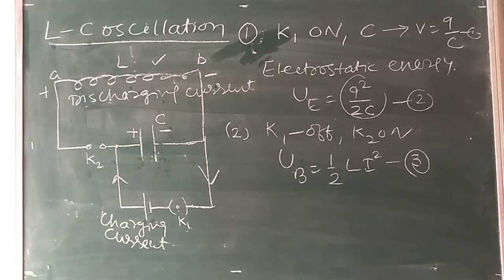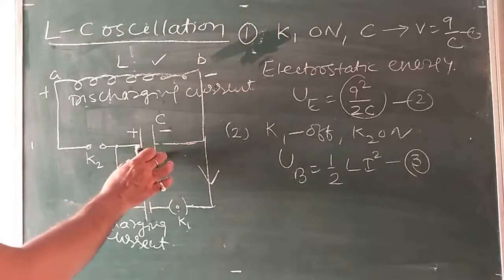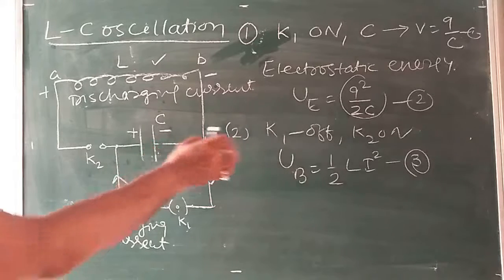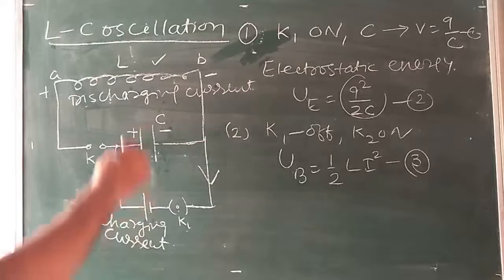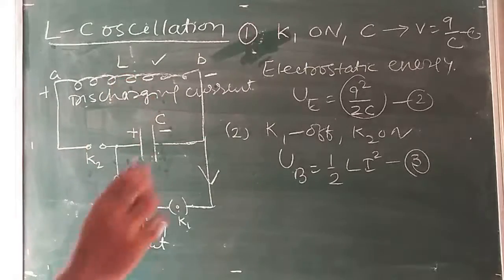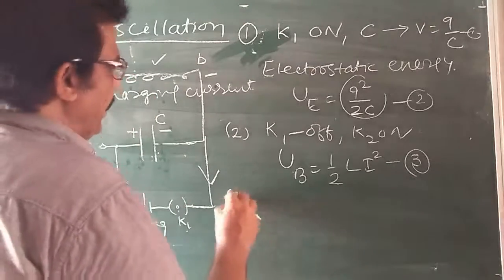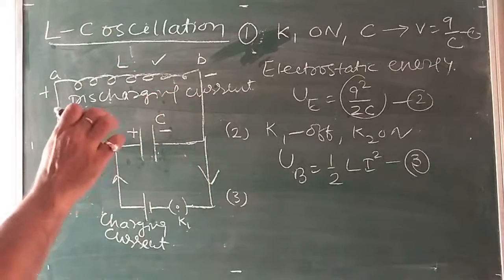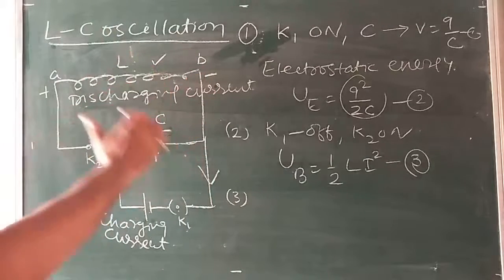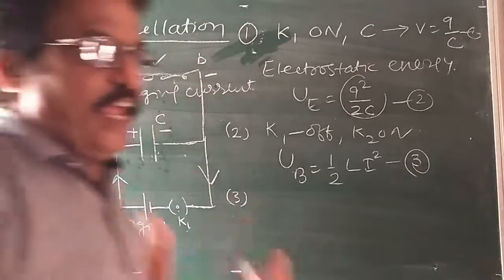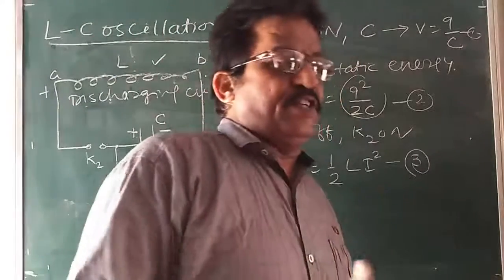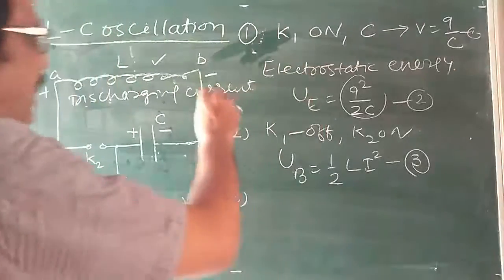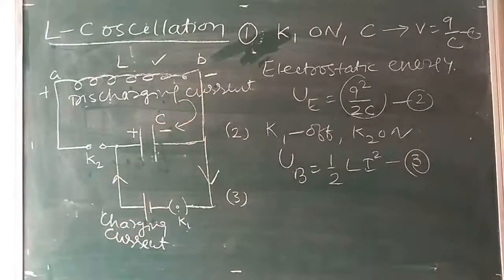So as soon as the discharge of the capacitor is complete, the discharge current stops and the magnetic flux linked with L starts collapsing. An induced EMF develops, which will start recharging the capacitor again, but in the opposite direction. It is coming like this.